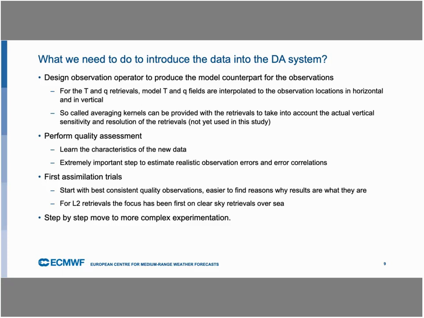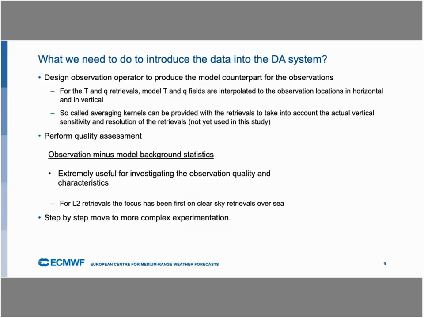And then when understanding the simple approach assimilation results, it's easier to move step by step to more complex experimentation, and we did it for the all sky retrievals, so the cloud affected retrievals were included in the system as well later on.